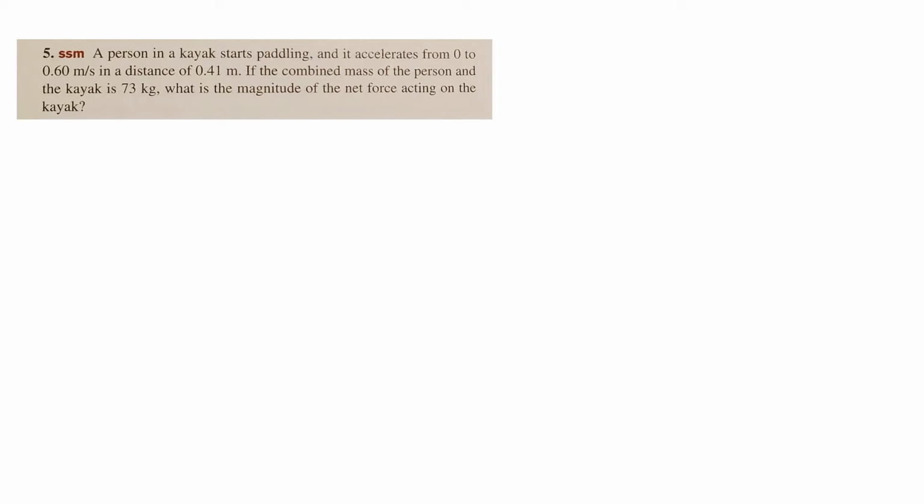The initial speed V naught equals 0 because it starts from rest. Let's say this is the x direction, where the final speed is 0.6 meters per second, and this distance is 0.41 meters.